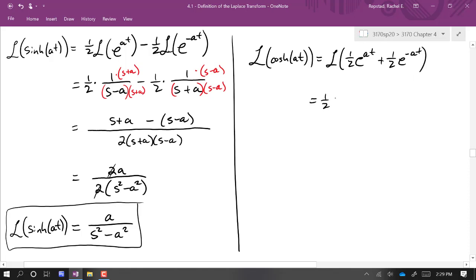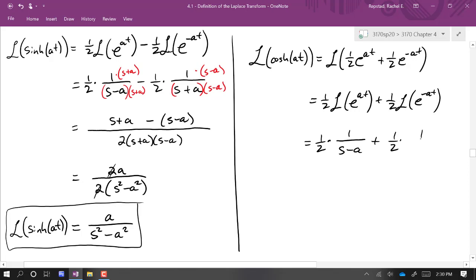So we get 1/2 Laplace of e to the at plus 1/2 Laplace of e to the negative at, using those same transforms. And we've got these factors of a half to pull down. So 1/2 times 1 over s minus a plus, now 1/2 times 1 over s plus a.